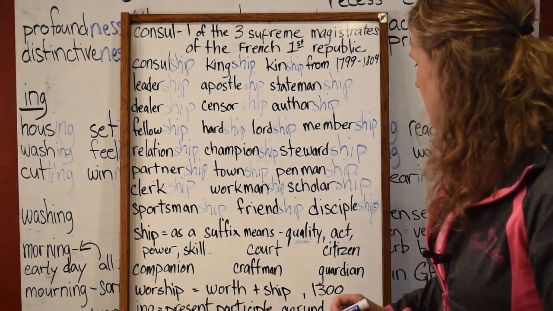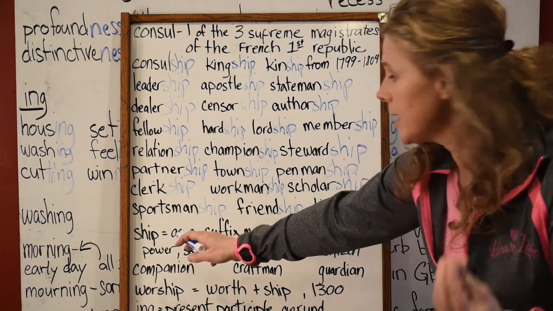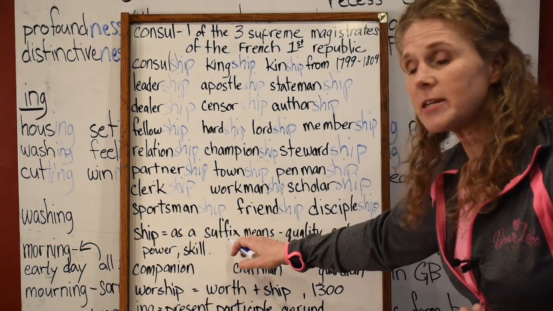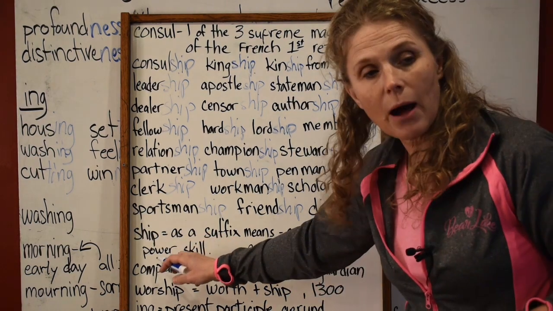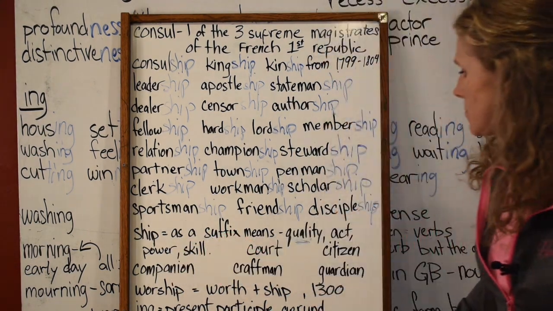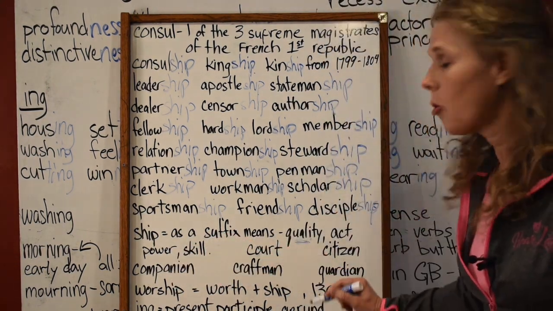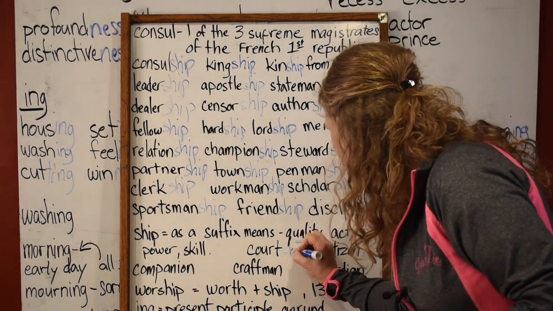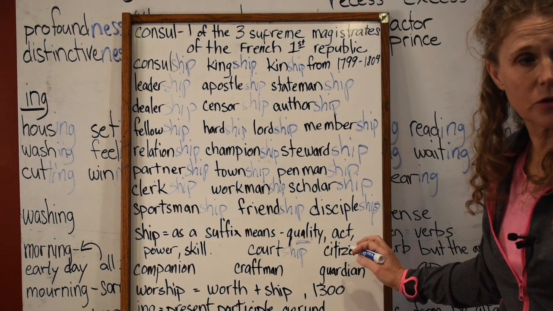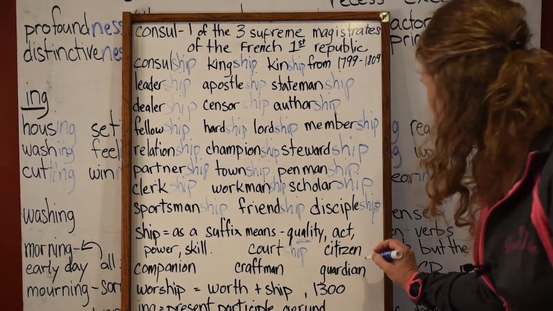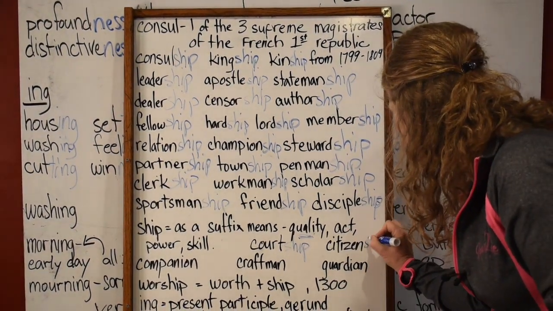Okay. So now, let's read it again. Ship as a suffix means quality, act, power, or skill. So we have a court, ship. A citizen, so you're a citizen of the United States, right? And you're going to receive your citizenship.